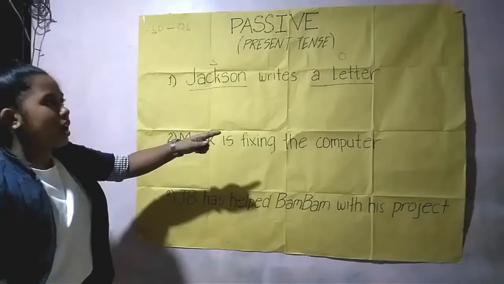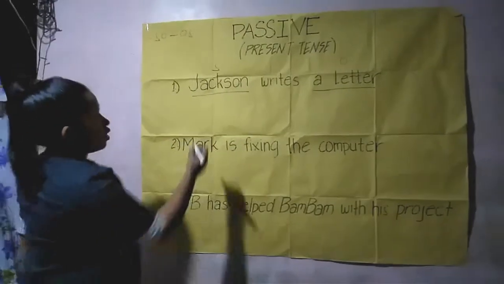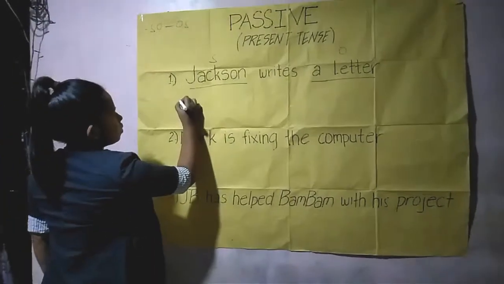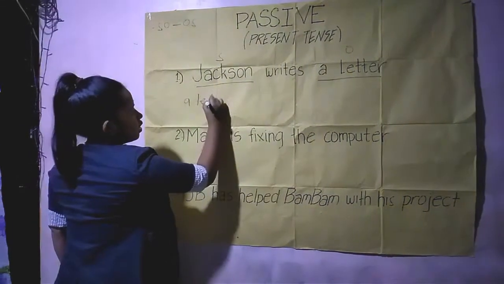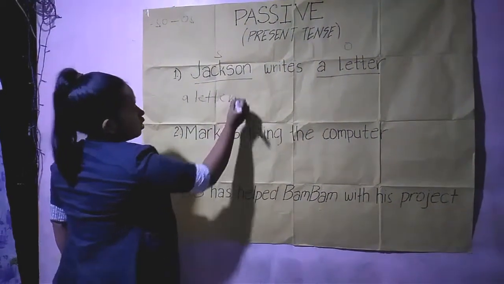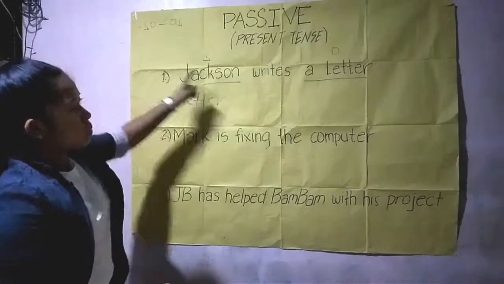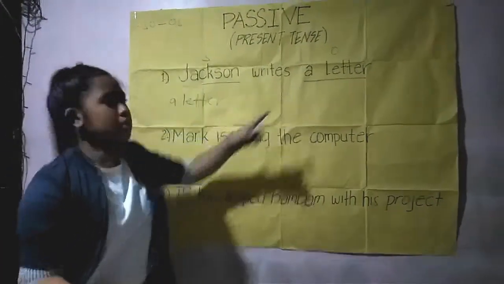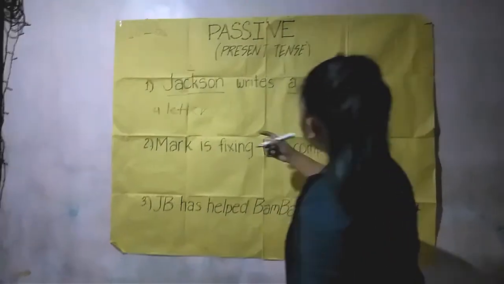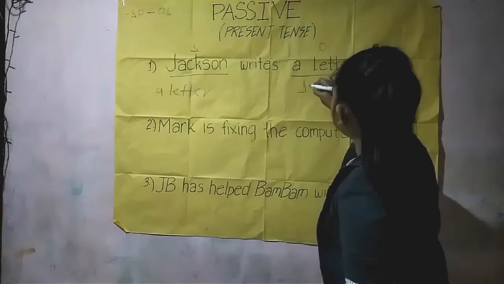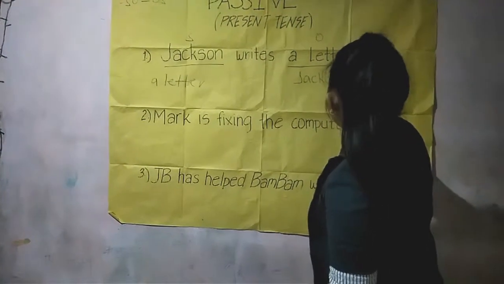So, we will write the object into the subject position, a letter, while the subject, we will put in the object position. So, after a letter, we will put here, Jackson.